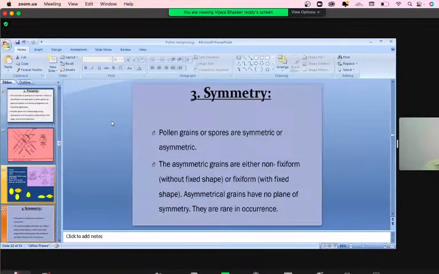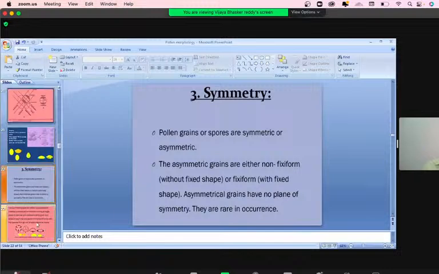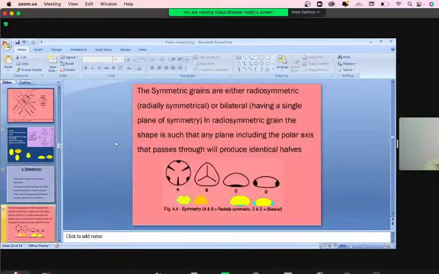Symmetry also matters many times. Generally there are two types of symmetry, radial symmetry or bilateral symmetry. Radial symmetry means that if you cut the pollen grain from any plane, it gives two equal halves.